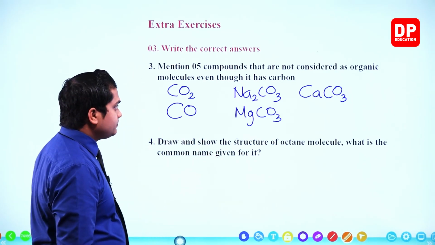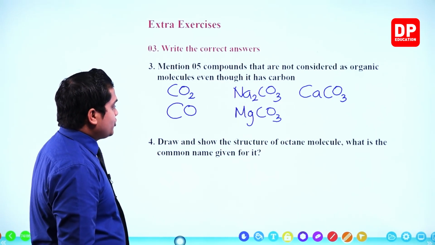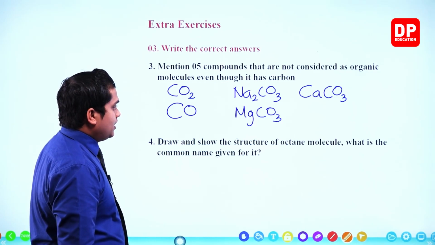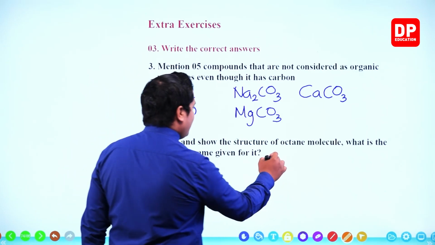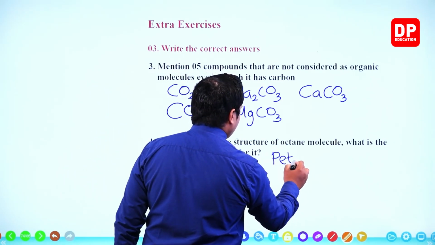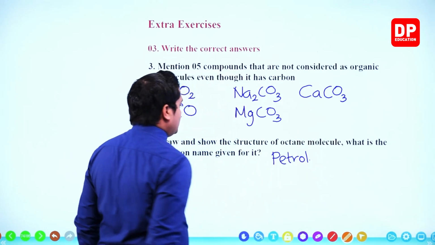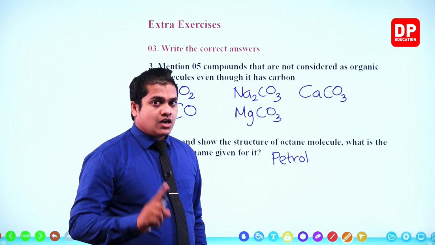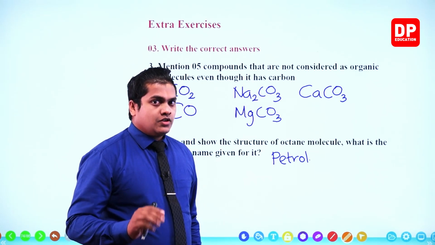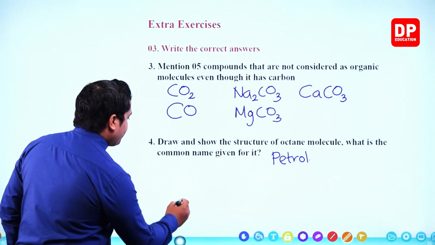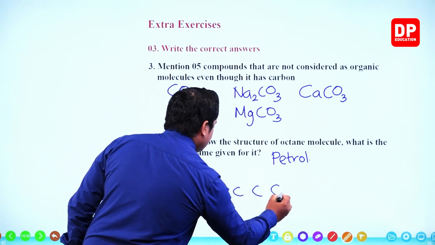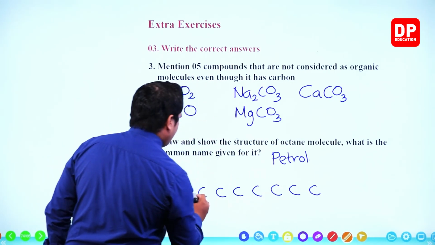Draw and show the structure of octane molecule. What is the common name given for it? The common name is petrol. So octane, there are 8 carbon atoms. 1, 2, 3, 4, 5, 6, 7, 8.